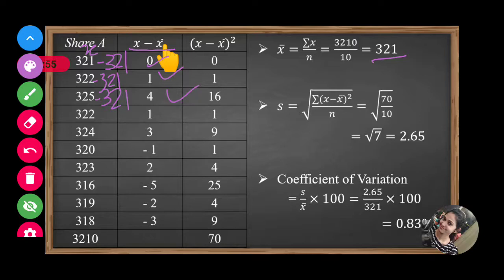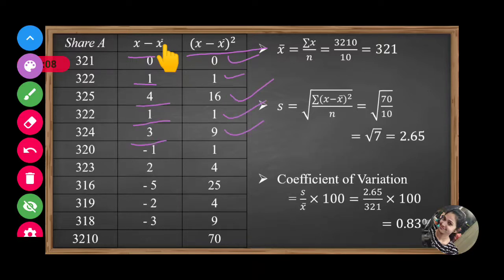In this way we have to find the entire x minus x bar column. Now make a square of that column. 0 square 0, 1 square 1, 4 square 16, 1 square 1, 3 square 9, minus 1 square 1, 2 square 4, 5 square 25, 2 square 4, 3 square 9.